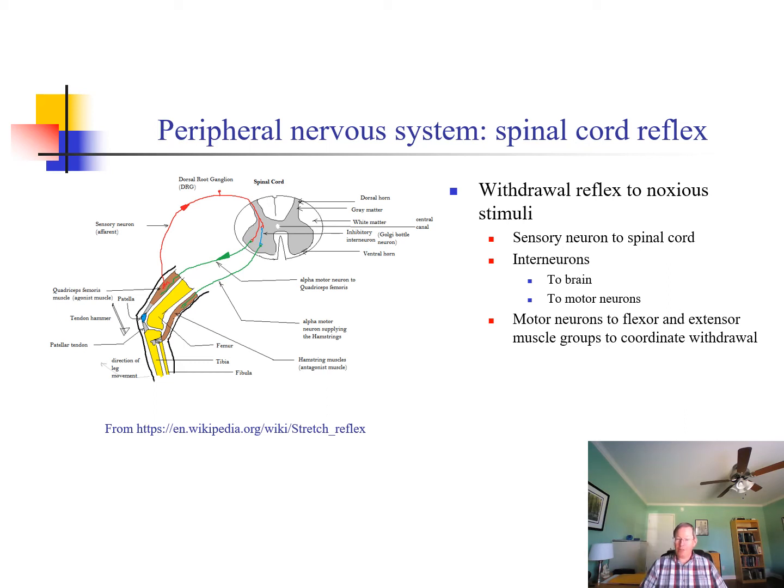Now the neurons that it will synapse with, some of them will cross the spinal cord and ascend up to the parietal lobe so that I understand what's going on, that I've had a noxious stimulus or a reflex. But I will also have two other synapses.